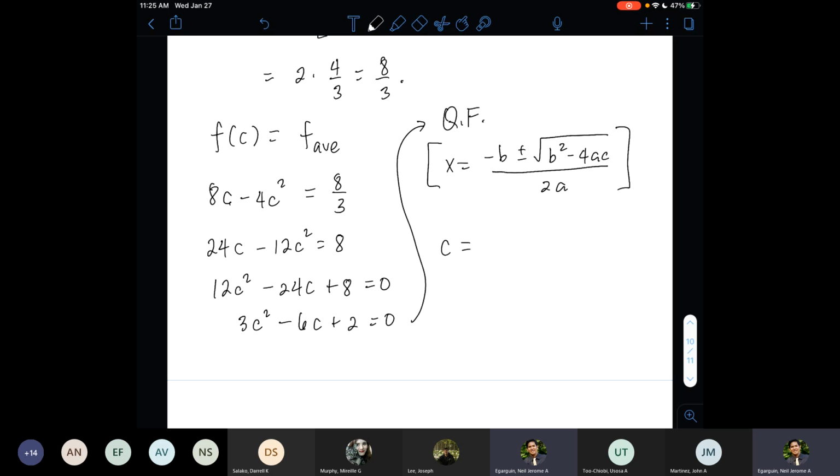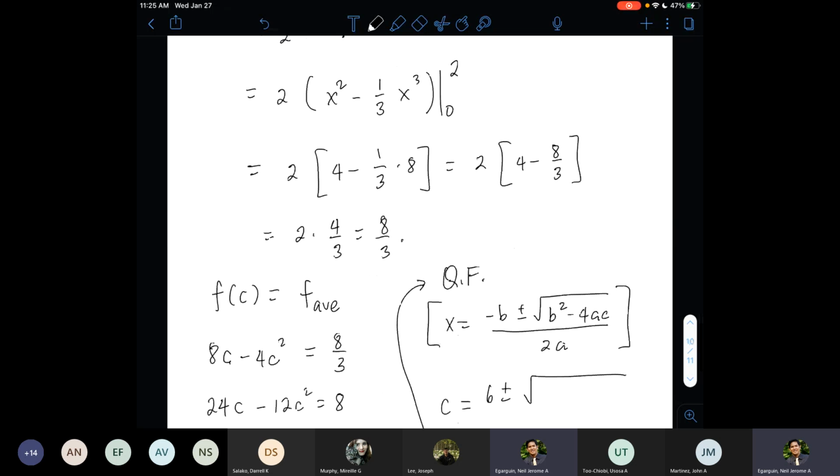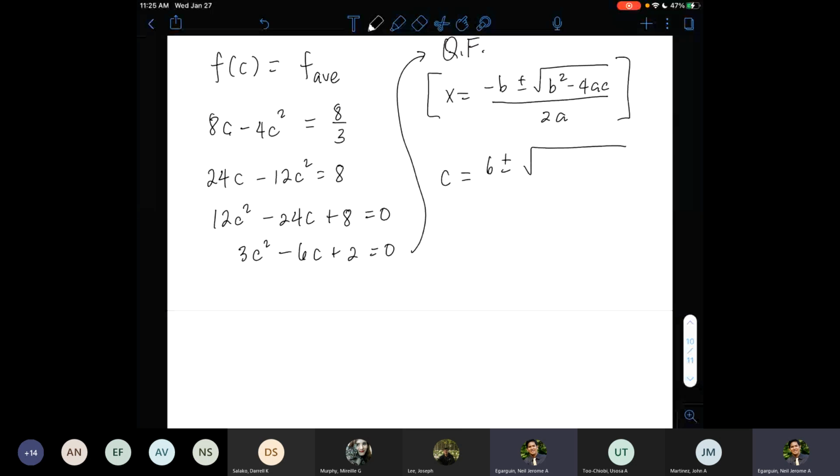It should be equal to 6 plus or minus the square root of... coefficient of c is 6. Oops. It's going to be 36 minus 4 times a. So that's going to be 12, times 2, that's going to be 24, all over 2 times 3.